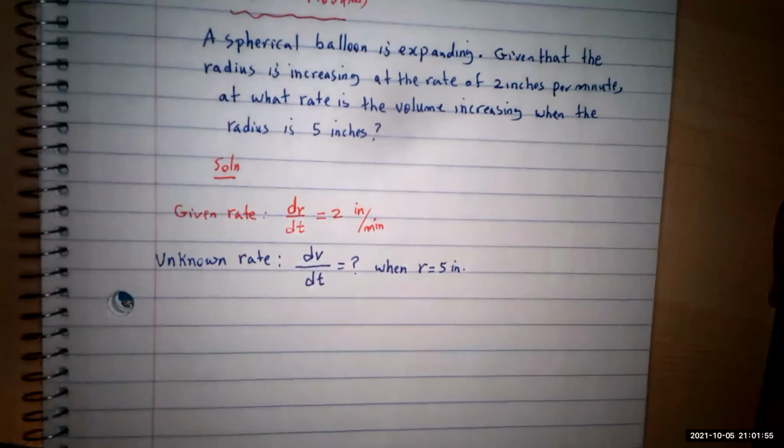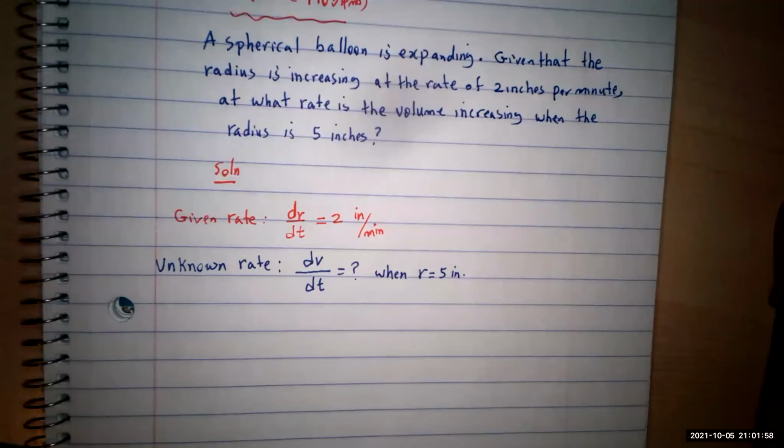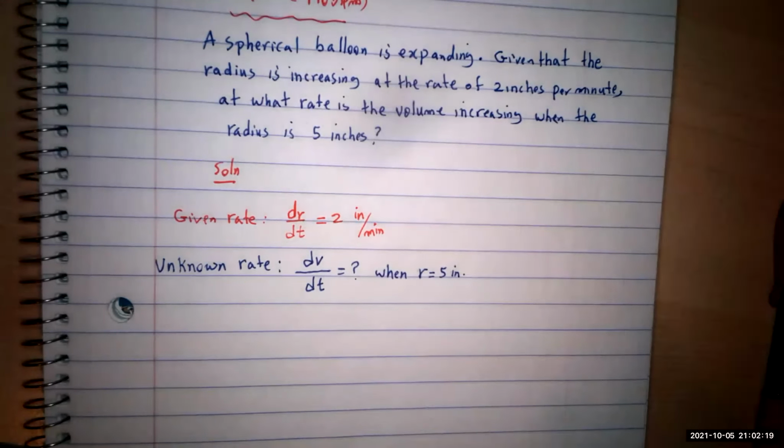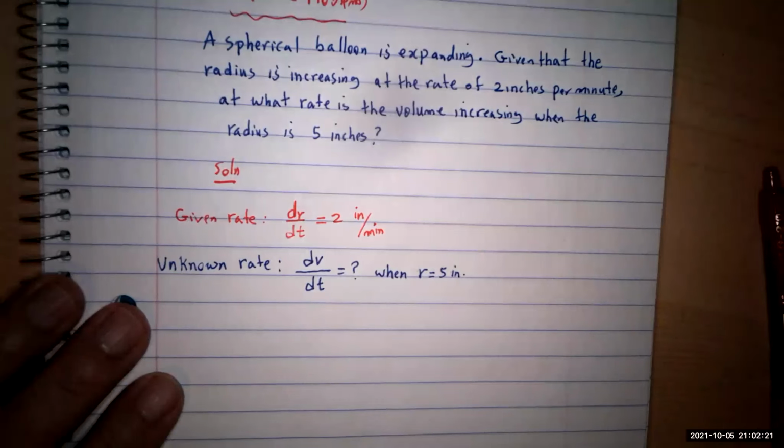The problem guides us through finding these two quantities. The variables we're going to use are the radius and the volume of the sphere. So you need an equation, between the volume of the sphere and the radius.